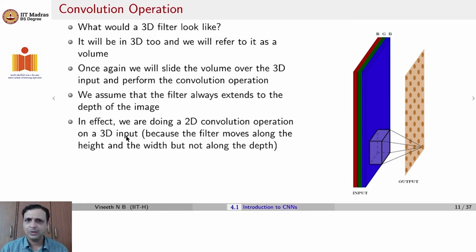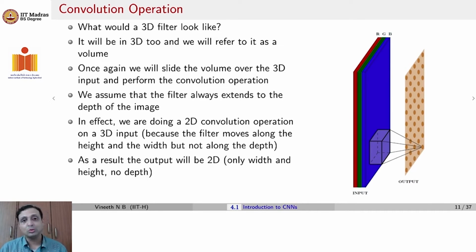Why do we say that? We slide along the height and the width of the input, but we do not slide along the depth, because the depth of the filter is the same as the depth of your input volume. So your output of this operation will also be a 2D image.